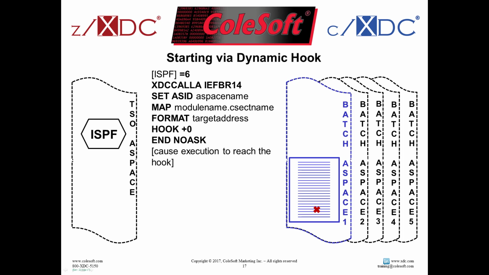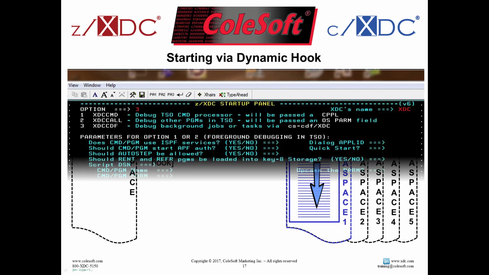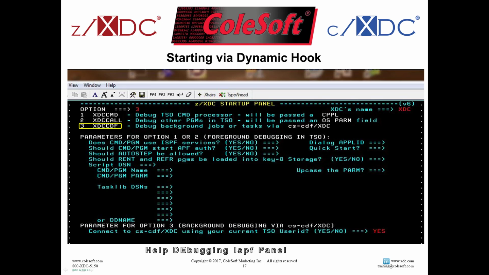Now do whatever it takes to cause execution in the target address space to reach the hook. This will cause cxdc to receive control in the target address space. Now navigate in ISPF over to cxdc's startup panel, and then select option 3 to connect to the debugging session.